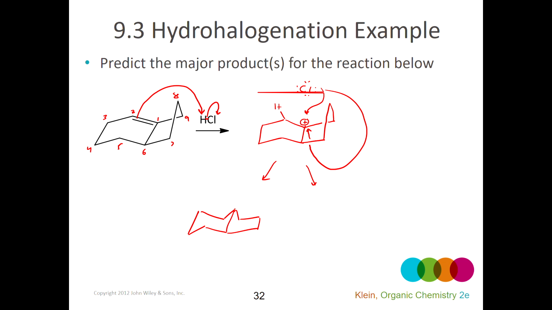So the chloride could come in from the top, be here, or the chloride could come in and be over here. So I would get two different products there. And I might get more of one than the other if sterics is an issue. In this case, this should be my major product.